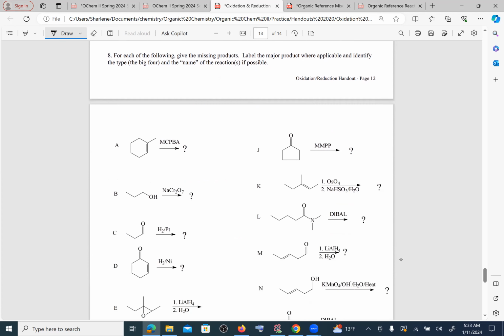Now the second one, if you'll notice, in this case I am asking you for the products. So this is technically the easiest way to go about it. And here are the steps. Step number 1, identify the functional group of your reactant. This is an alkene. Now, right now, you have a choice. Do you want to go through the file that just opened up in your head and go, what do alkenes do?